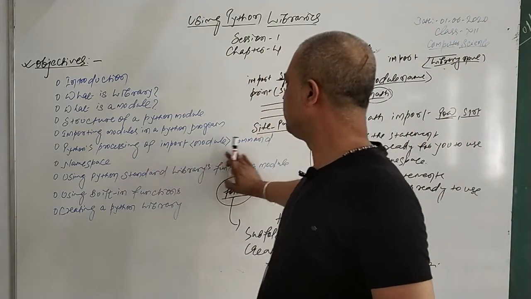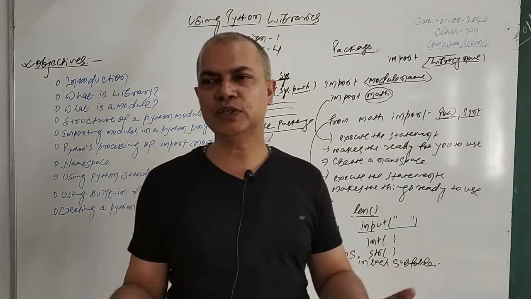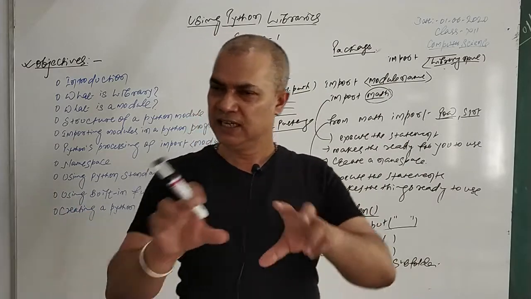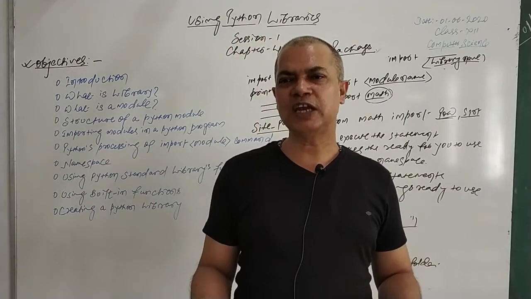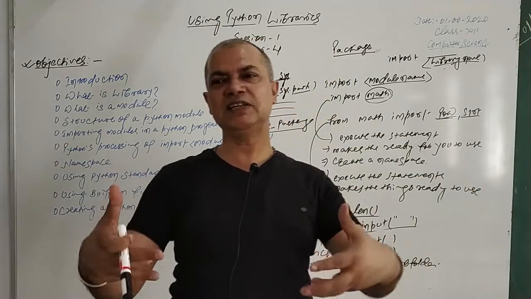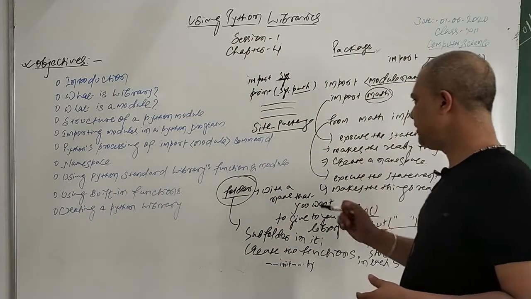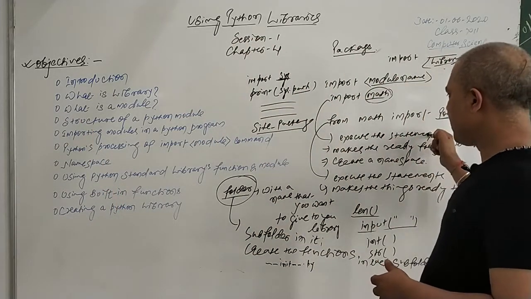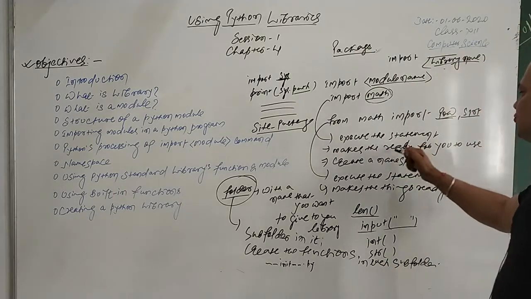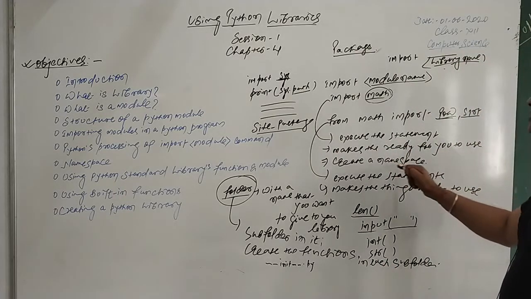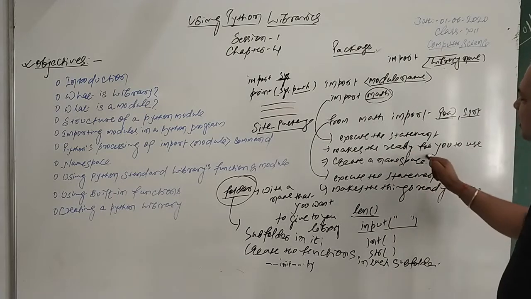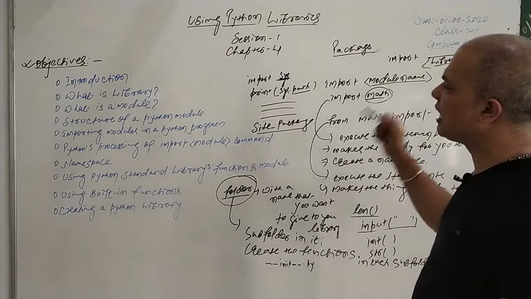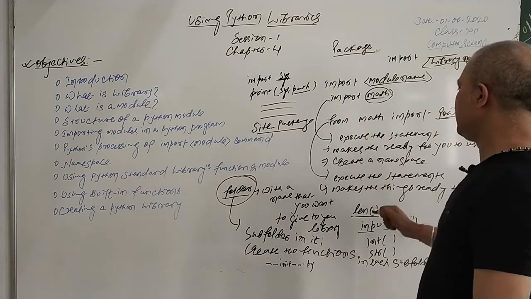Python's processing of an import module, as I mentioned, has two cases. Once Python comes across any import statement in the program, it does three tasks. One, it executes the statement and makes it ready to use, and creates a namespace, that is a name created by Python as an environment variable which holds the complete thing about that module.